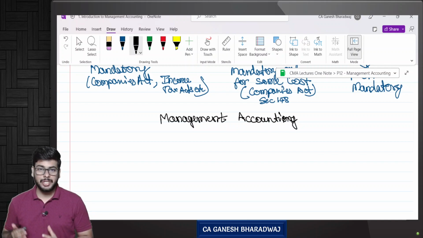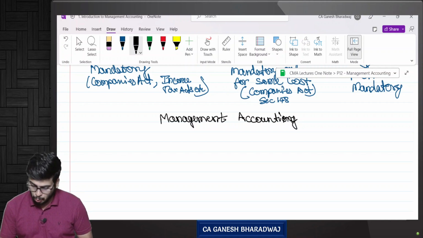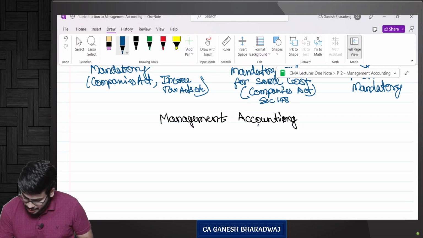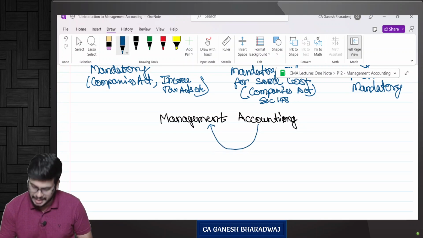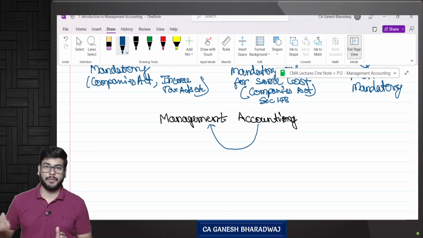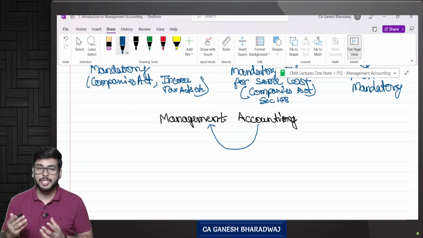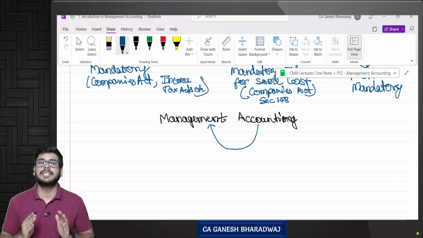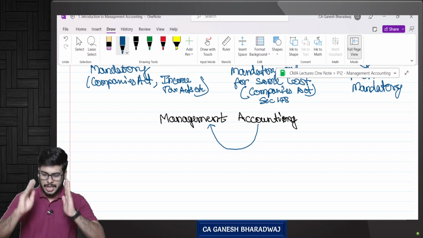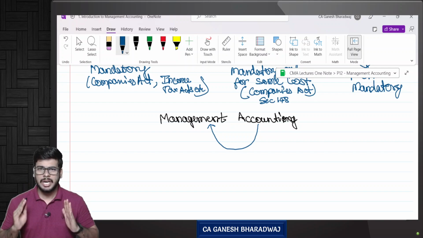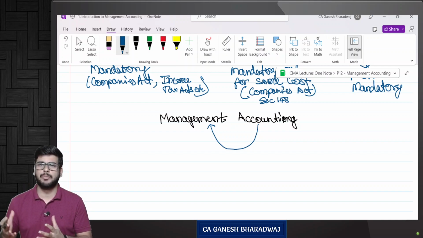It is that branch of accounting that provides meaningful information to the management to help them take decisions in their organizations, is called management accounting. Clear? I'm not going to give a theoretical bookish definition.